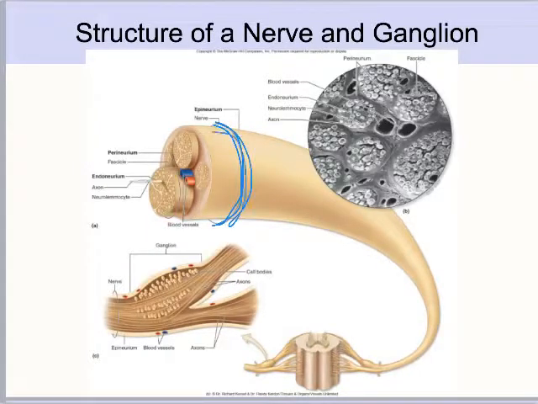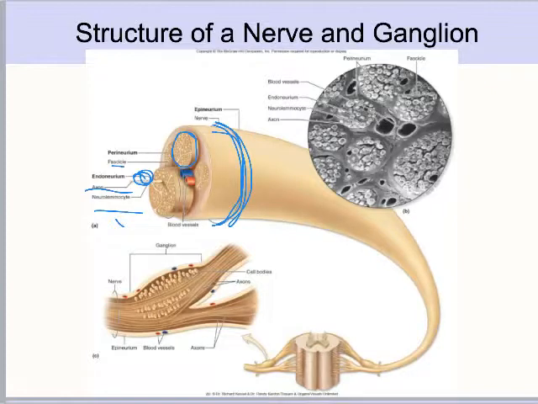The epi is always on the outside. Then the perineurium is going around here, wrapping up a bundle, and the bundle is called a fascicle. And then the endo wraps a single axon or a single nerve cell.